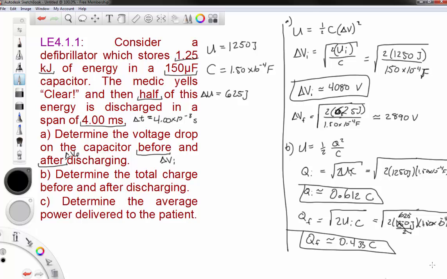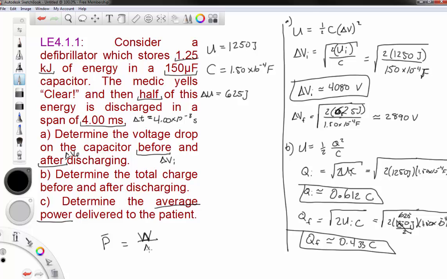Okay, so then part C: determine the average power delivered to the patient. This one we don't necessarily need to make reference to the capacitor itself, but it's a nice review because power, the average power, is the amount of work done per unit time.